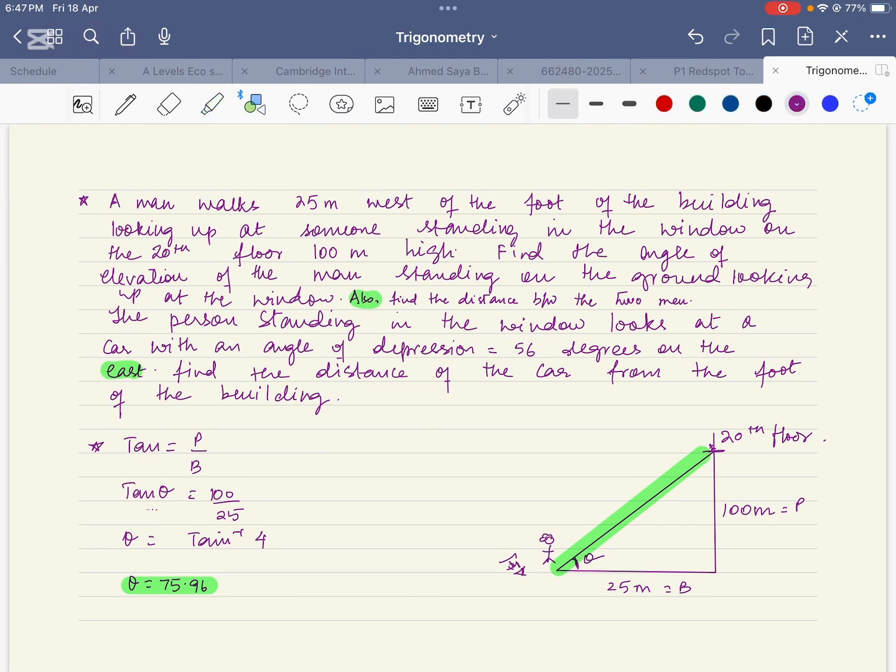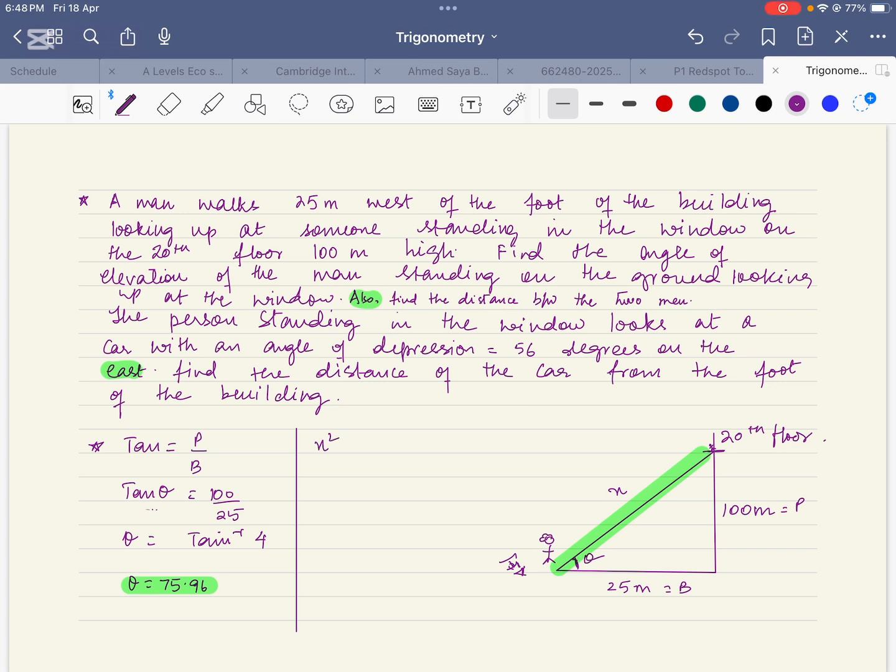I'm not going to use any trigonometric ratio here. I'm going to use Pythagoras. Why? Because these two values are given to me. What if I've calculated the angle wrong? I don't want to risk getting part 2 wrong. So let's use Pythagoras. Let's name this x.